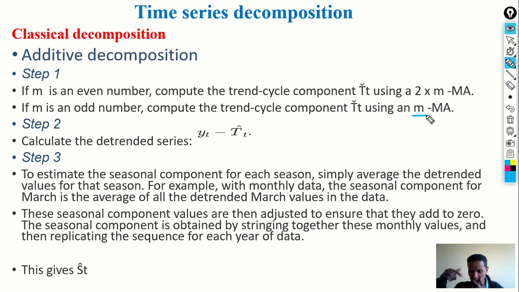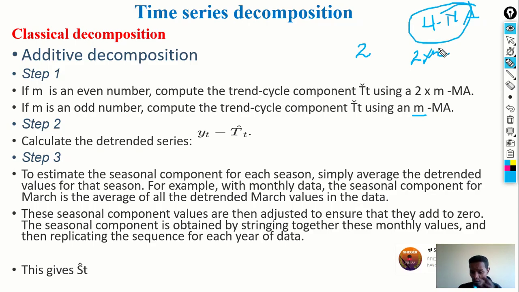For example, if m was 2, which is an even number, then 2 multiplied by 2 is 4. So a 4 moving average will be used to calculate the trend cycle component. For 4 consecutive data points, the moving average will be calculated.